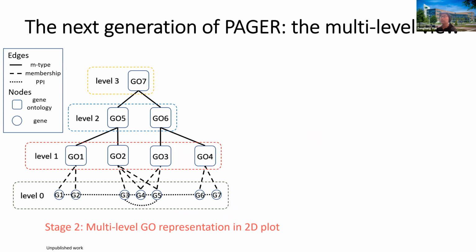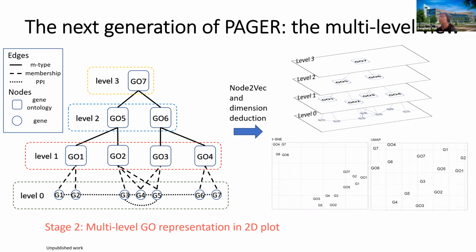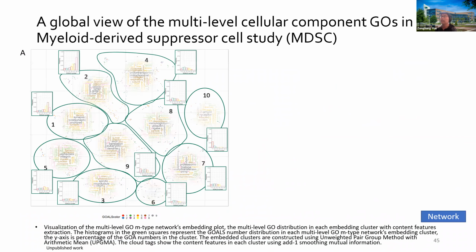I want to show this in a hierarchy structure. Therefore, we can see this PAG enrichment from a general level to a specific level down to a gene level. And therefore, we can map them together using a dimensionality reduction technique into two-dimensional space, which gives a hint of what it looks like at a specific level.